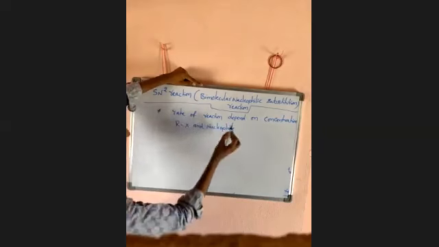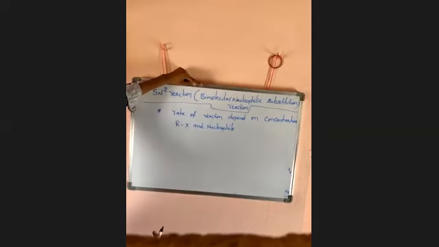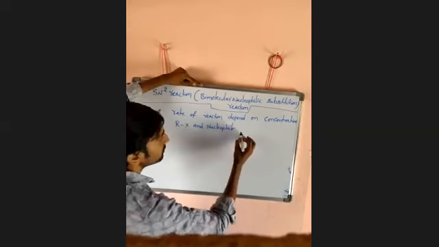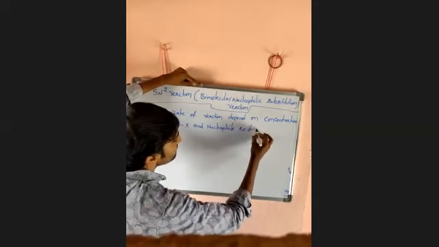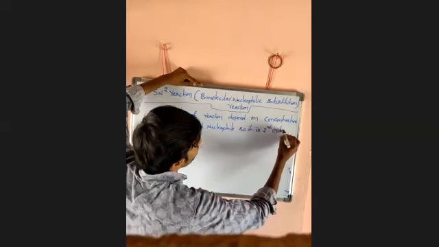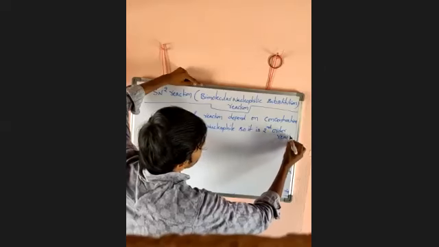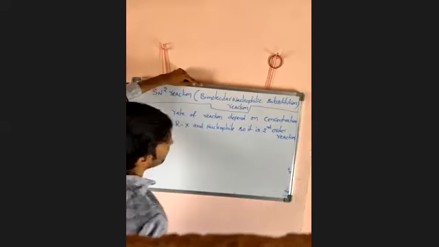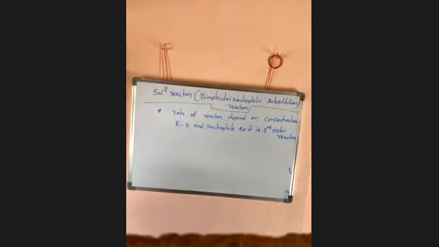The rate of reaction depends on the concentration of alkyl halide and nucleophile, so it is a second order reaction. What are second order and first order? They are covered in the chemical kinetics chapter.